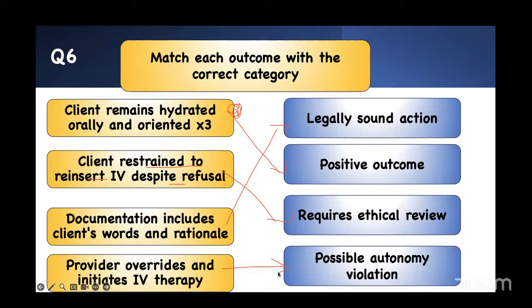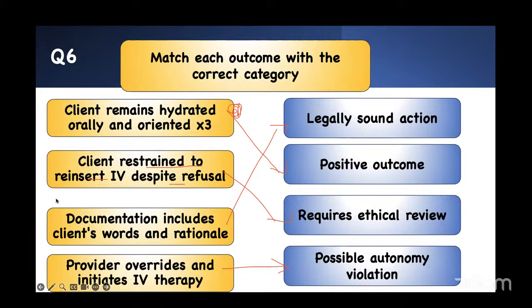I want you to master these ideas and these words, because you may see them. There are some situations that require ethical review. There are some that violate patient autonomy. Overriding the desire and inserting the IV violates autonomy, and if you restrain them, it requires ethical review. This is a problem.